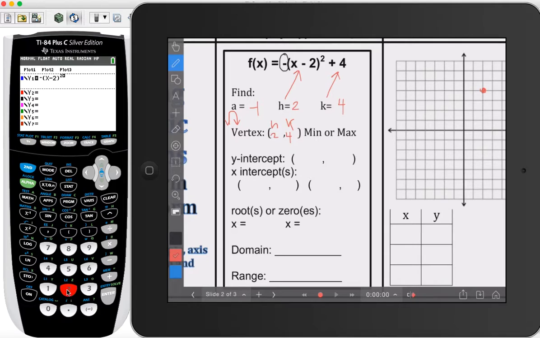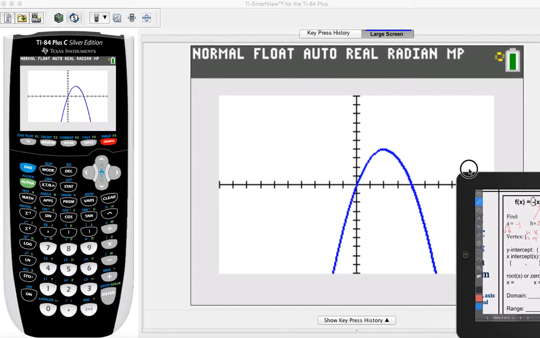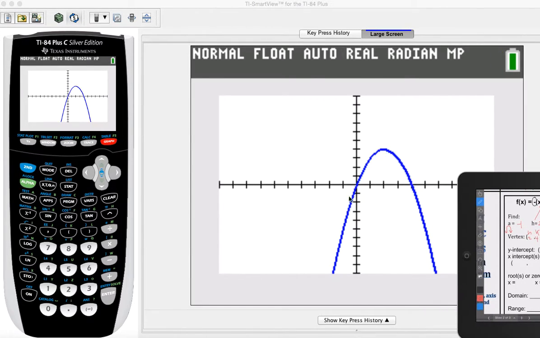Okay, so 2, and then move over, plus 4. Okay, let's graph it. So let me make this smaller so you can see a better graph. Okay, now as you can see, it's opening downward, but I already know that since the a is negative, so it's always good to graph it on your calculator to double check.